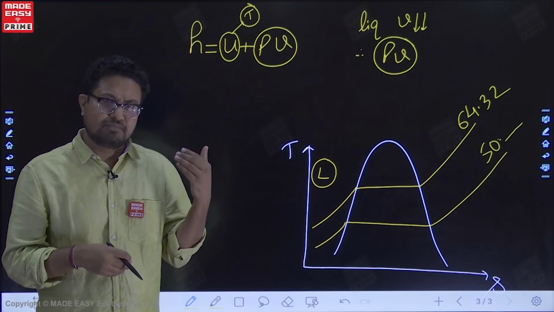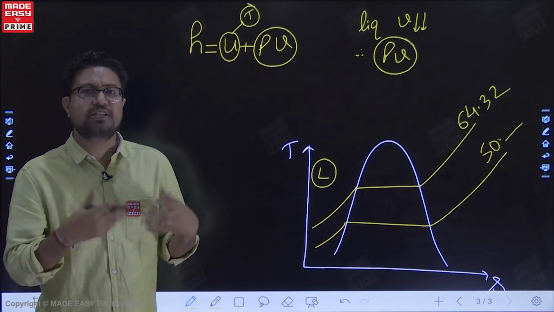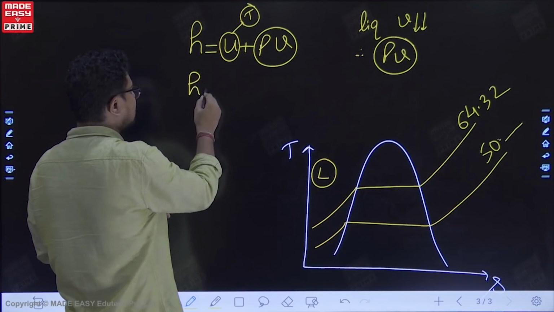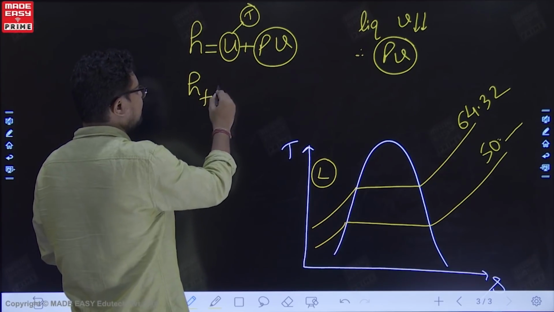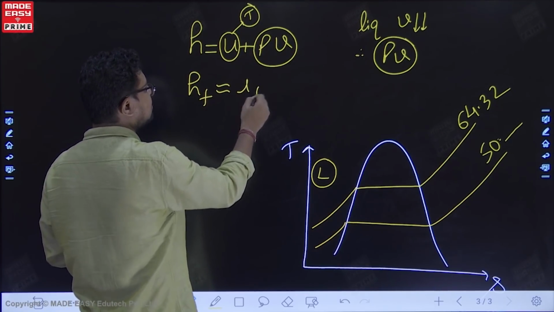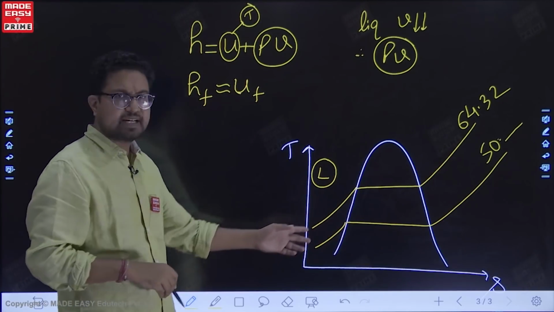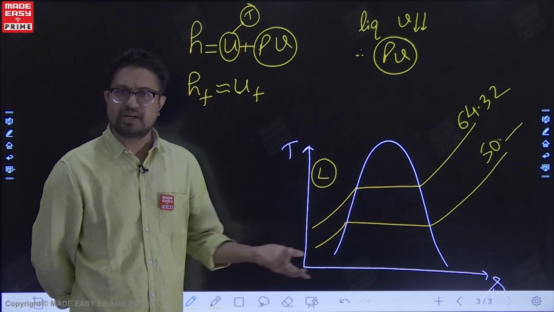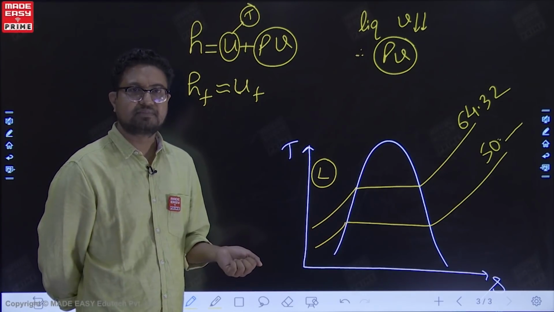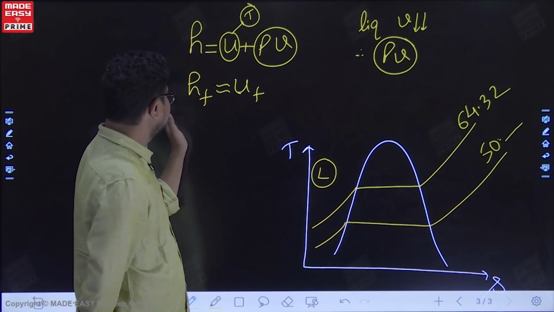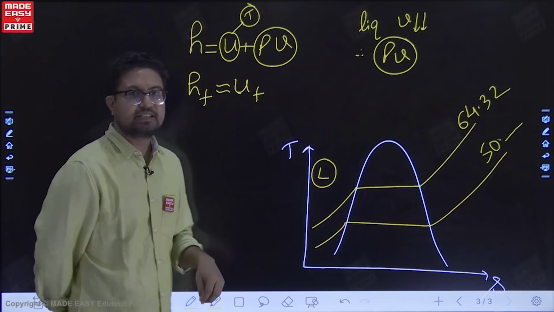So if you see the data in the tables, they write hf and uf, and you will see almost hf equals uf, because saturated liquid data is given in the table. Subcooled is generally not mentioned, right? So almost the enthalpy and internal energy are the same.